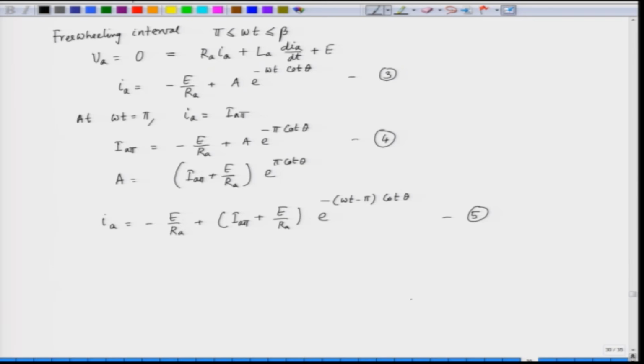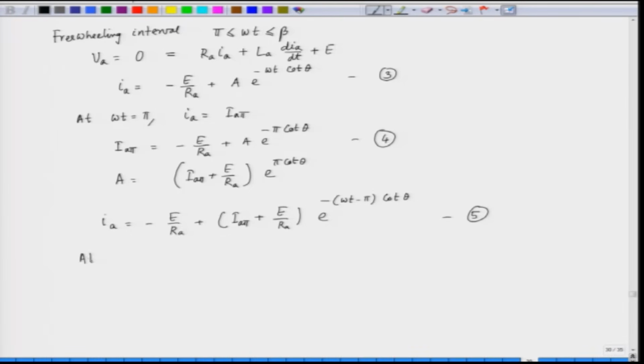Now, at the end of the freewheeling interval, this current is equal to 0. We can substitute that to find the value of beta. At omega t equal to beta, the extinction angle, I_A is equal to 0. So, 0 is equal to minus E by R_A plus (I_A(pi) plus E by R_A) exponential of minus (beta minus pi) cot theta.